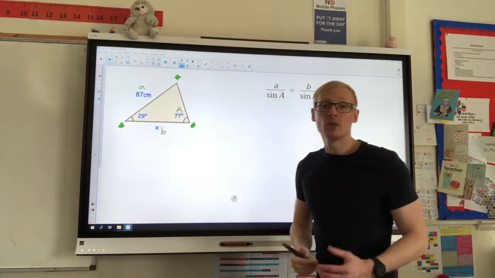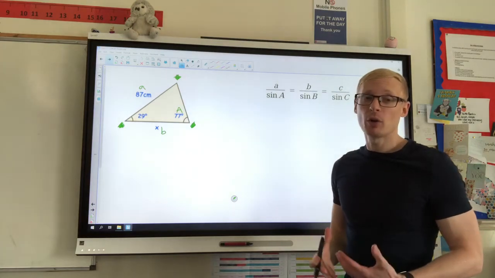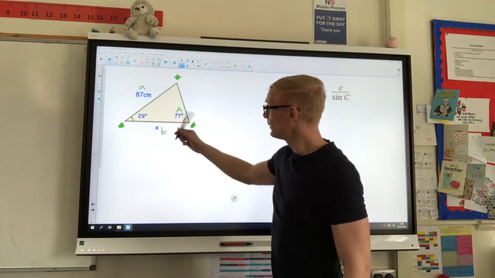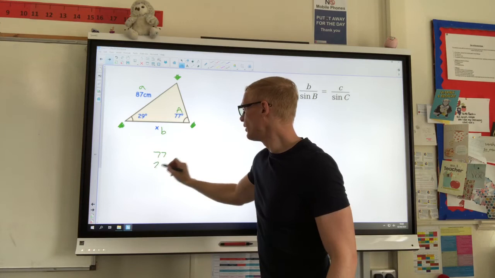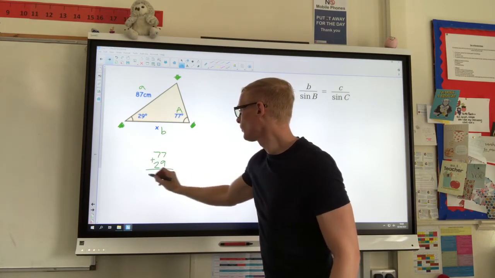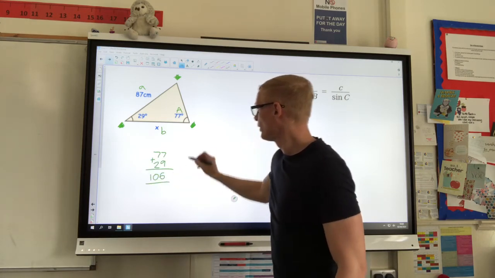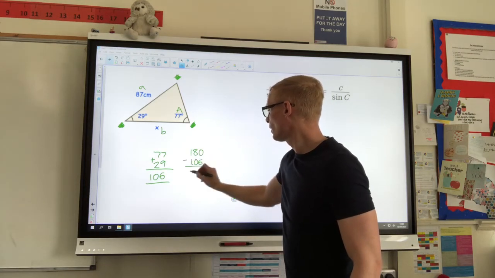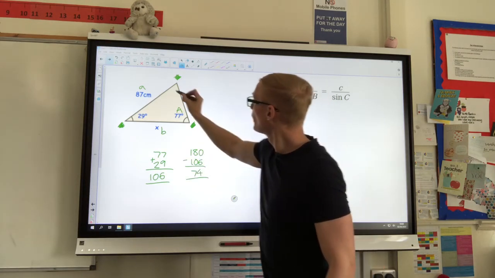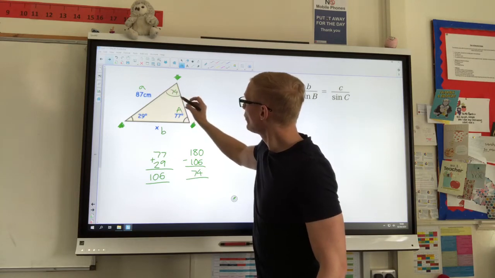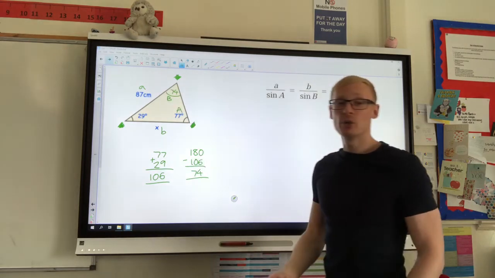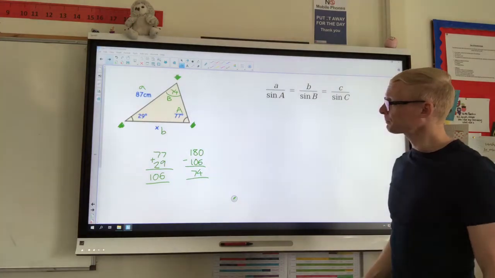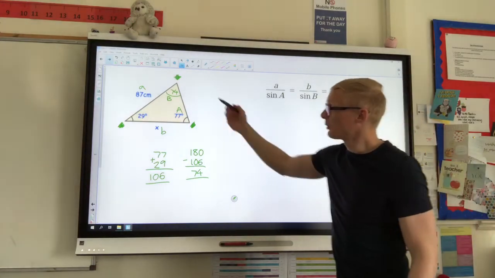So sometimes you'll need to do a bit of work before you start to get one of the angles. So if you look here, you've got 77 and 29. Subtract that from 180, gives you 74. So we have to find that angle first to be able to use the sine rule because we need to be opposite.